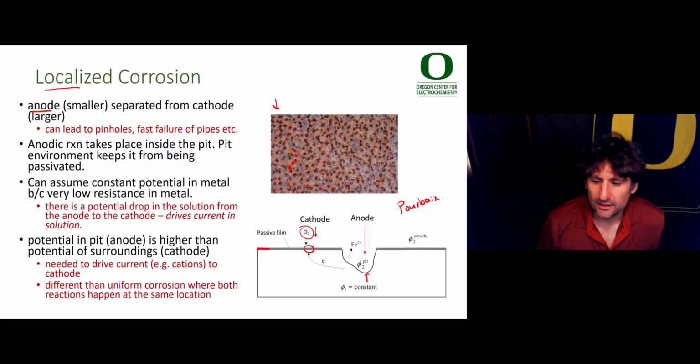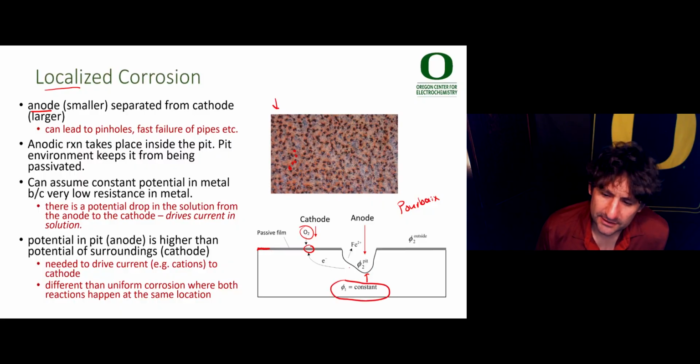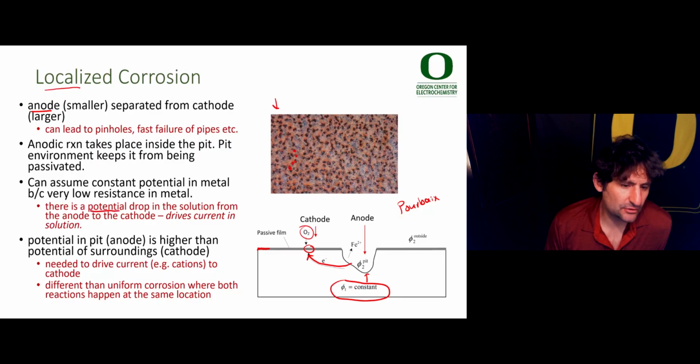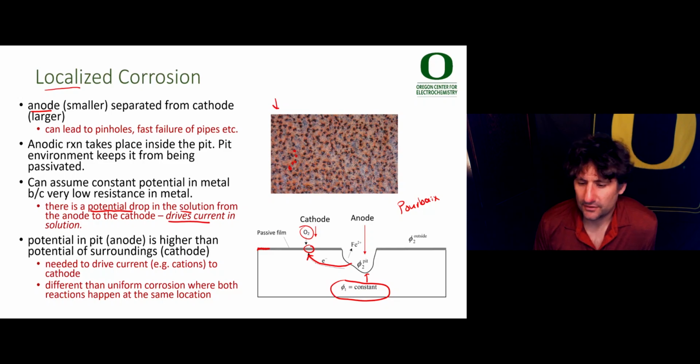Now, we can assume essentially a constant potential in the metal. Of course, it's not perfectly constant because there's some current flowing, but the difference in potential is very small, so we're going to take it to be constant. But there is a significant potential drop in the solution from the anode to cathode. And this is what's driving the current. So if you think about this, right, we're driving oxygen reduction here. When we do oxygen reduction, we're consuming protons.